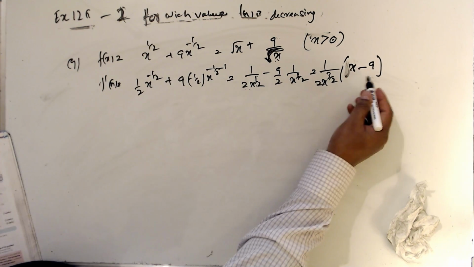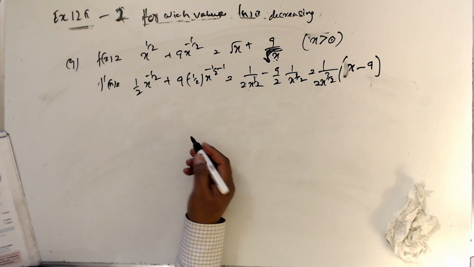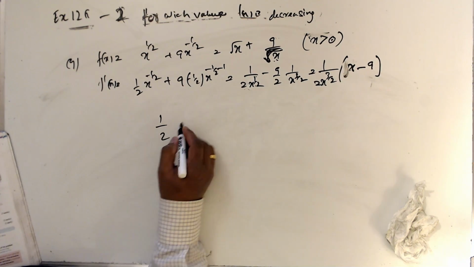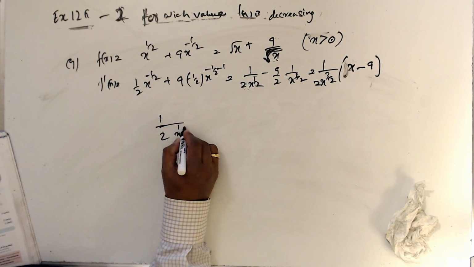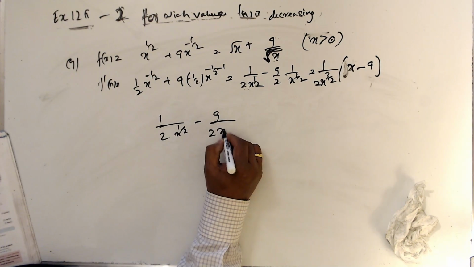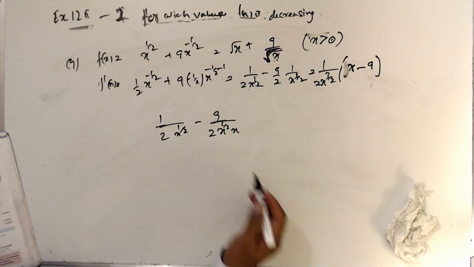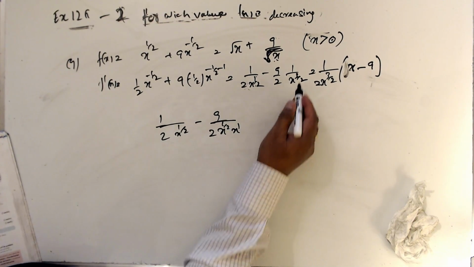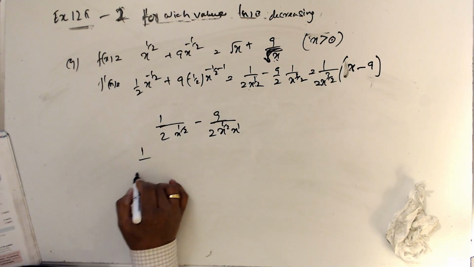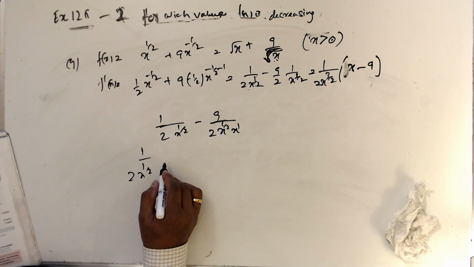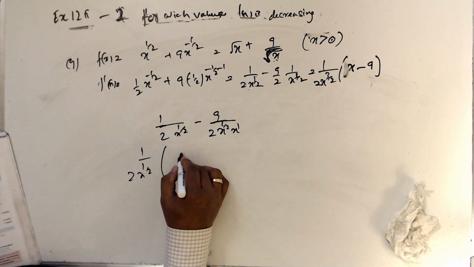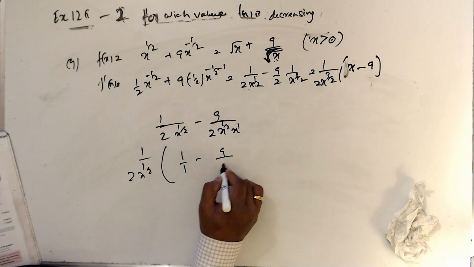If you are not sure, you multiply back and check. So what is happening in here? Basically, 1 over 2 x to the half minus 9 over 2 x to the 3 over 2. Can I write x to the half times x to the 1? So that is 3 over 2. I write it differently. Now you can see 1 over 2 x to the half, I took it out. So then here it is going to be 1 minus 9 over x.